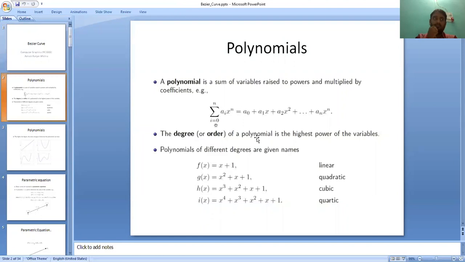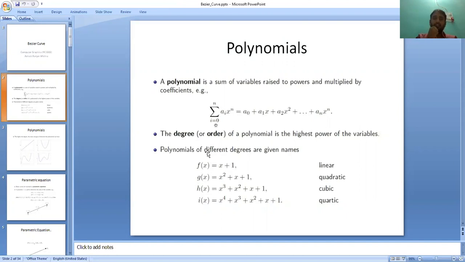When we write an equation as a0 plus a1x, this is called the linear polynomial, where a0 is nothing but the shift of the curve and a1 is the gradient of the curve, also known as the slope of the curve.